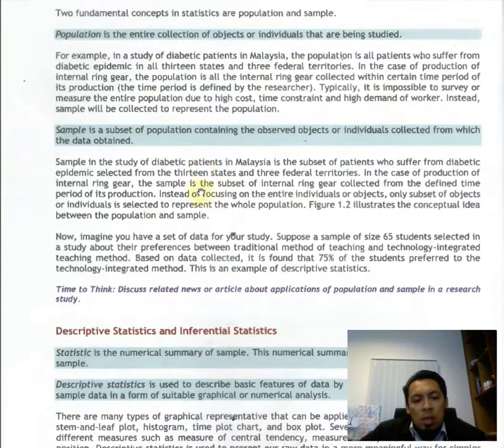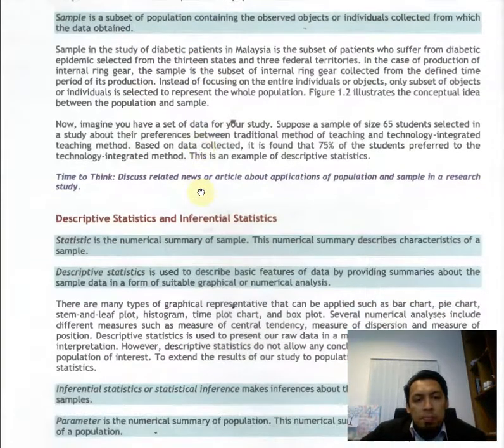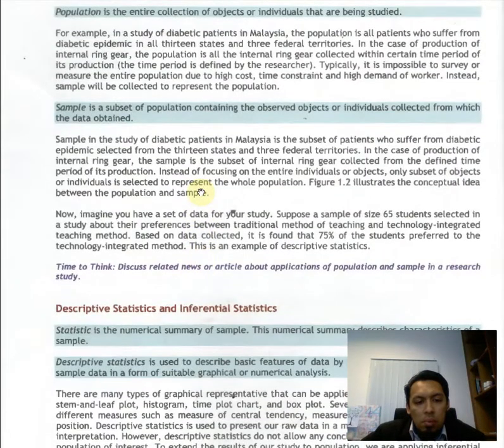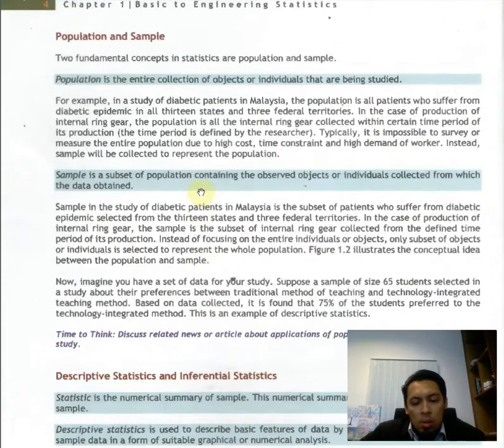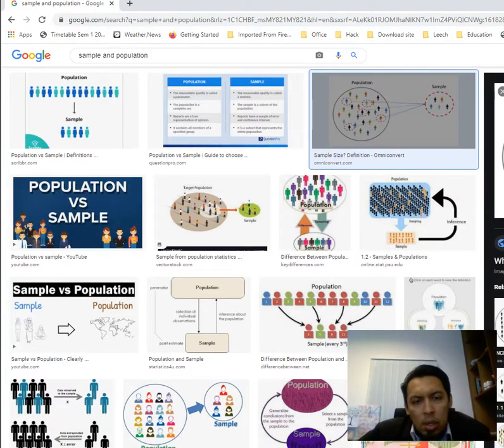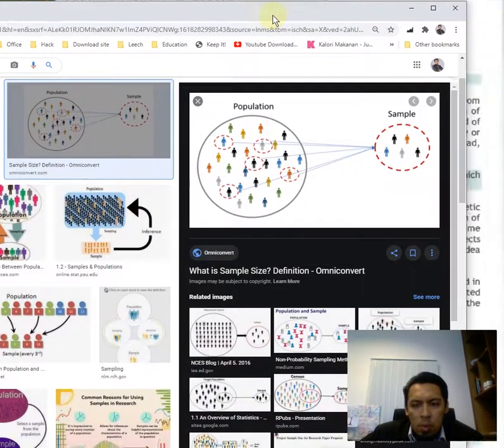Let's try to look a bit graphically at what sample and population look like. I'm just using Google here to find an image about sample and population. Okay, this is a good example of an image to represent population and sample.